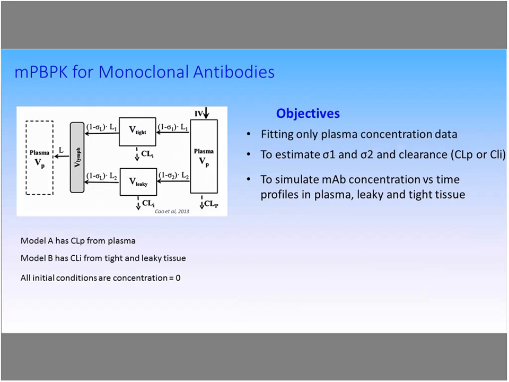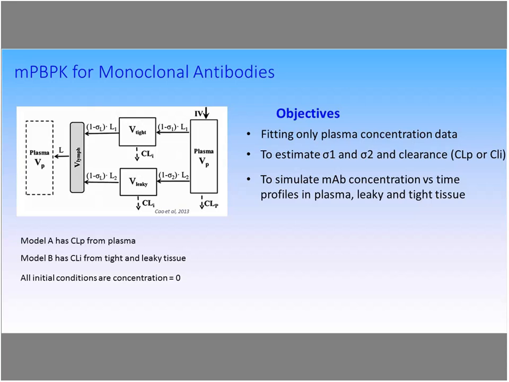So the objective is to fit only plasma concentration data, but we want to estimate the reflection coefficients for the tight tissue and leaky tissue, and we want to know the clearance of the mAb, whether it comes from plasma or from tissue.